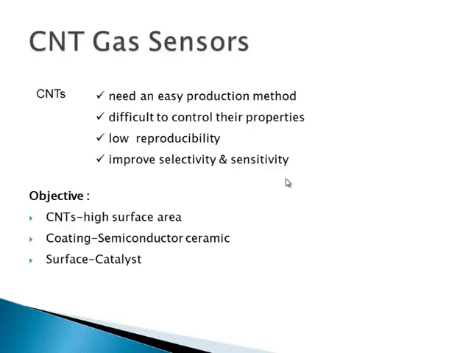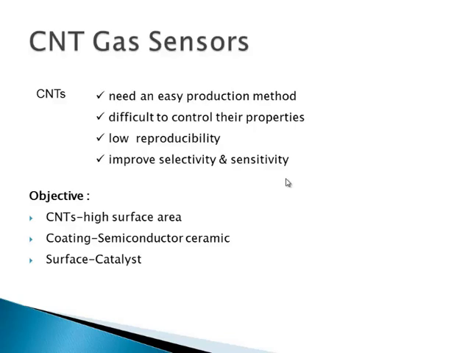are preparing. For metal oxides, we have the same problem because it's difficult to control their sensing properties. And then reproducibility, that is also valid for metal oxides or carbon nanotubes. We have low reproducibility, and we need to improve the selectivity or sensitivity of the material.